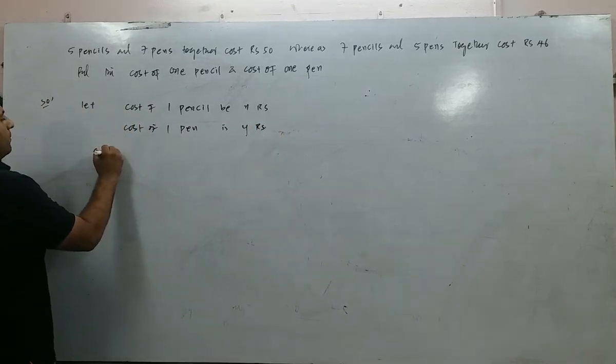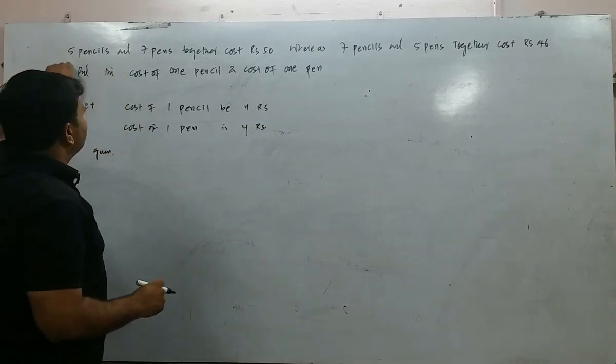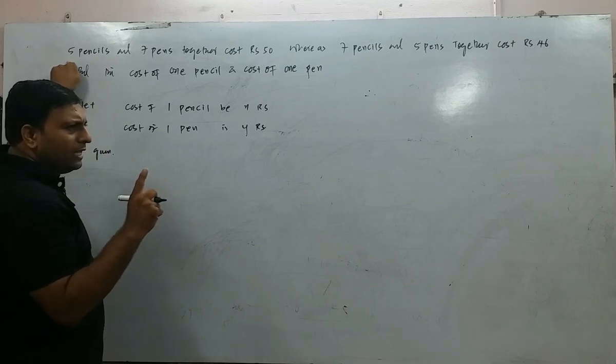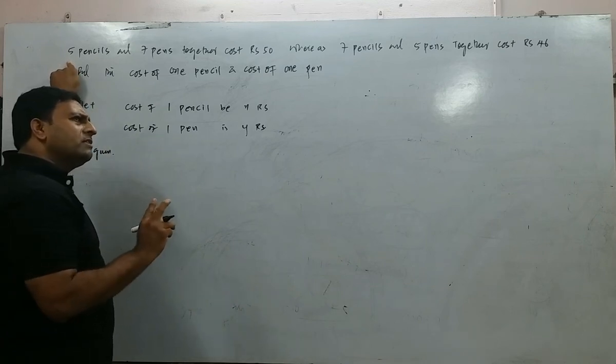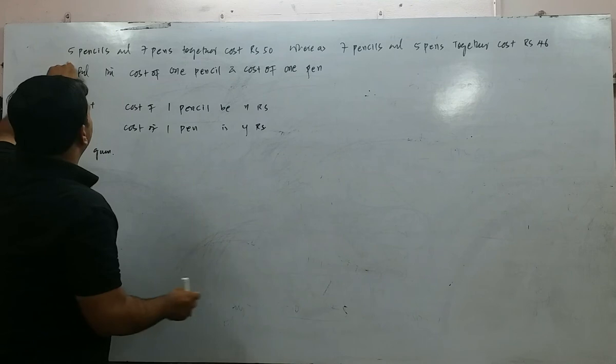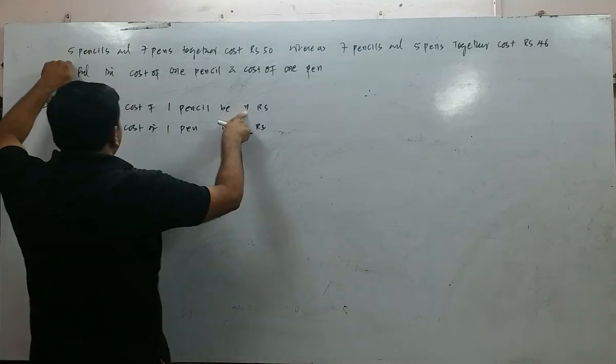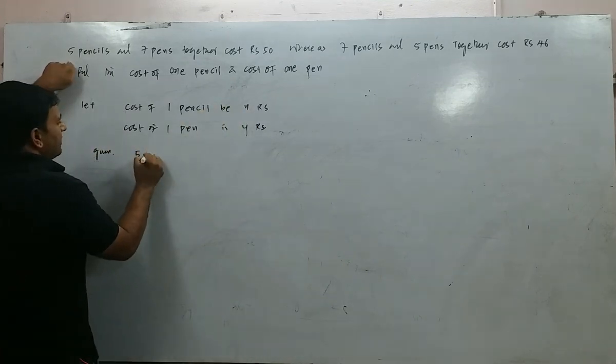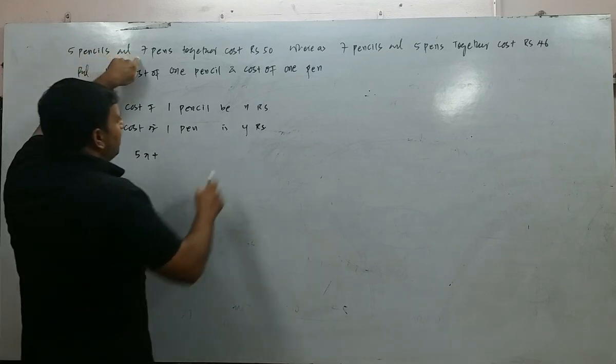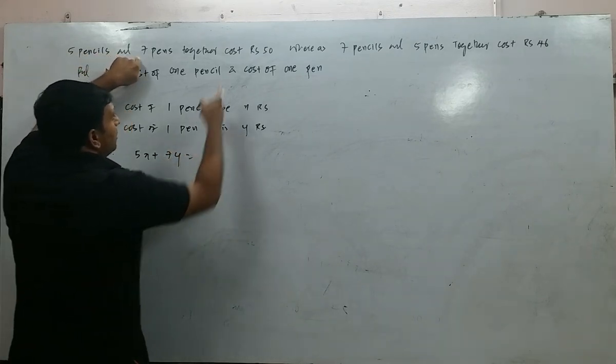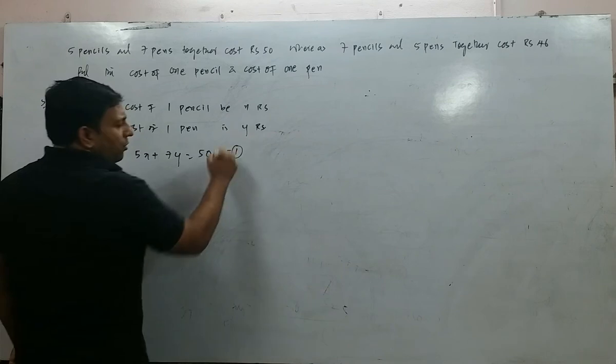So given 5 pencils, 1 pencil is, let us say, 1 rupee. 5 pencils will be 5 rupees. So what you are doing, you are multiplying that cost into 5. So given 5x plus 7y, and what is the total cost? Rupees 50. There you go, first equation.